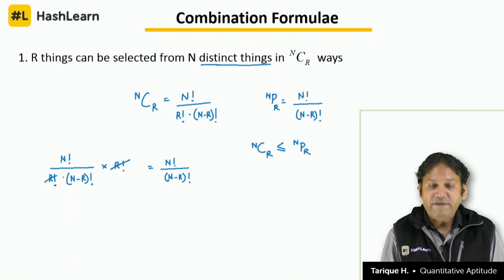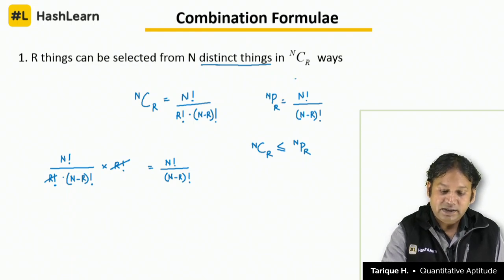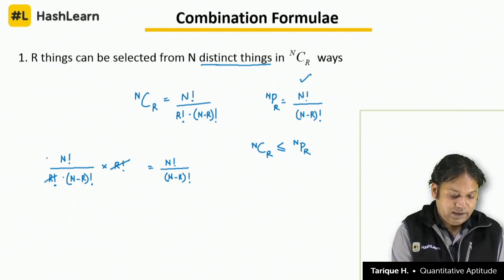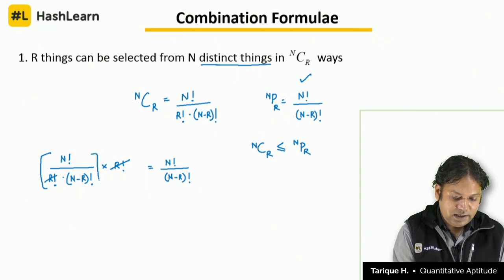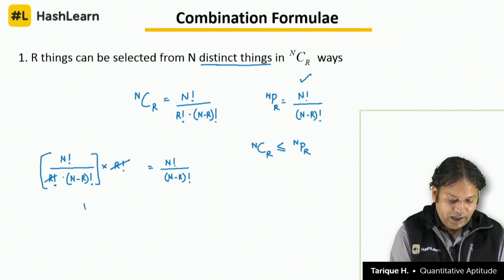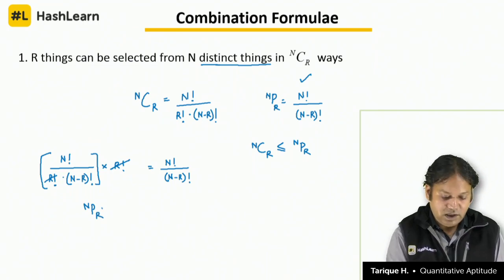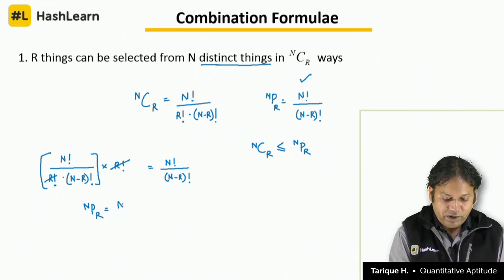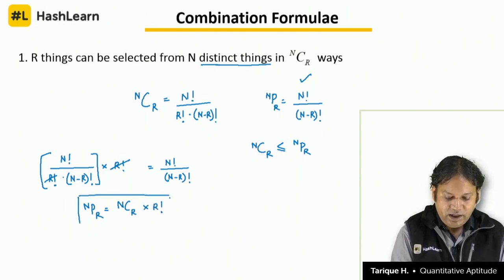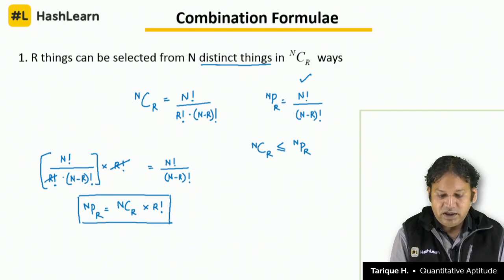Now what is n factorial upon n minus R factorial? It is NPR, and this entire thing here is NCR. So can we say that NPR, the number of permutations, will always be equal to the number of combinations multiplied with R factorial. So this is another important observation and important result to remember.